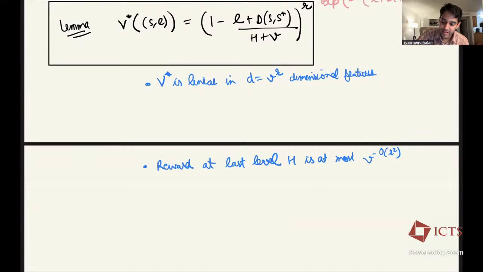Okay, so let me just do this computation. Remember, the expected reward is this much.